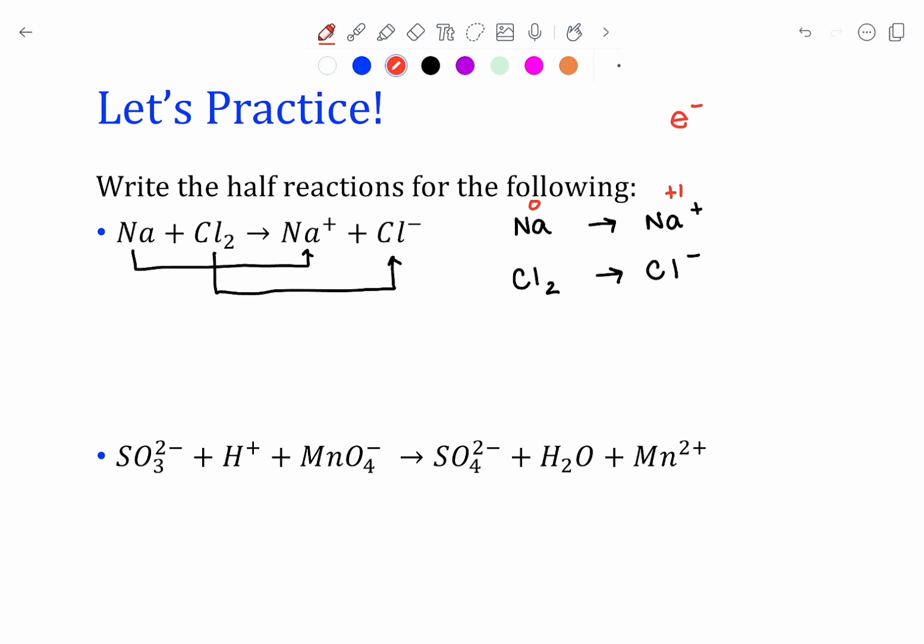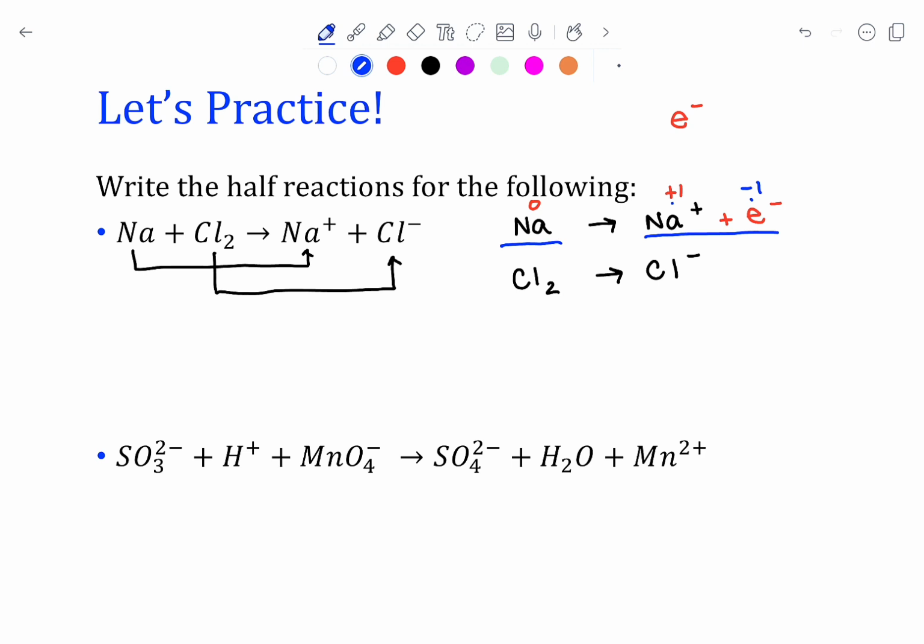If we wanted our two sides of our arrow to be equal to each other, which side do you think we need to add the electron to in order to balance the charge out? It would be the product side. So we would add 1 electron here so that we would end up with a -1 charge. +1 and -1 cancel out to 0, therefore we have an overall charge on the product side of 0, and on the reactant side also being 0.